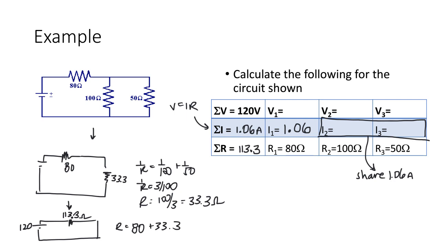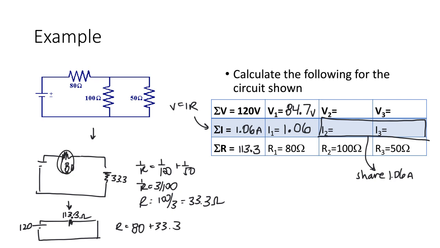Viewing this as a puzzle, I see that I can now solve for the voltage right here. So using V equals IR, I'll do 1.06 times 80. That'll give me the voltage at this spot right here, which is 84.7 volts.